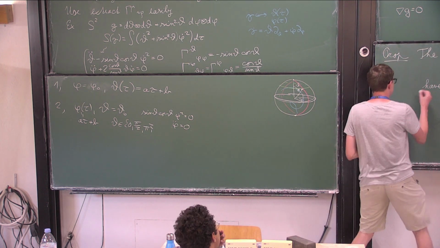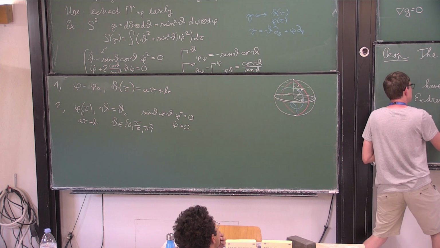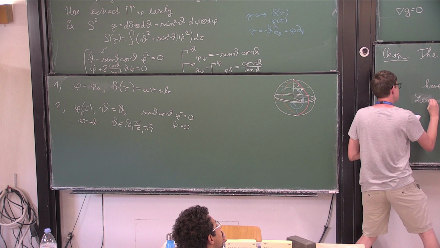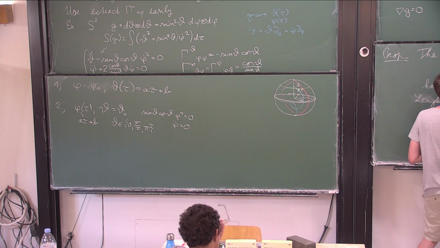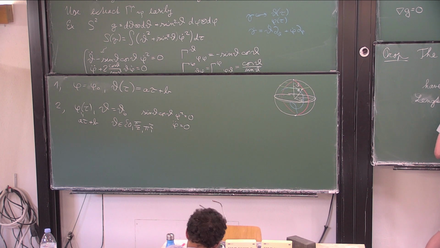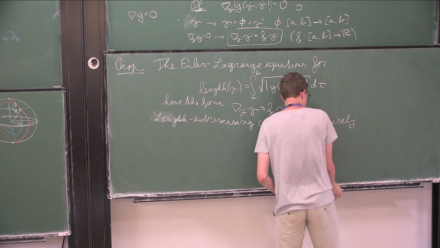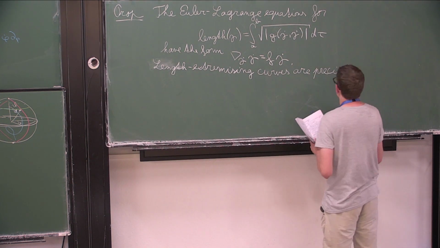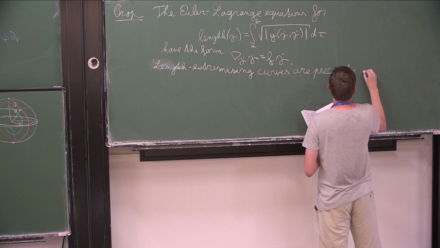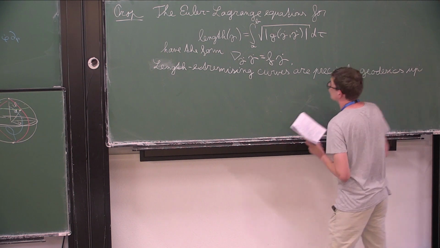So in other words, the extrema, or length extremizing curves, are precisely geodesics. This is often how you see geodesics introduced. They are things that extremize the length. Precisely geodesics up to parametrization.